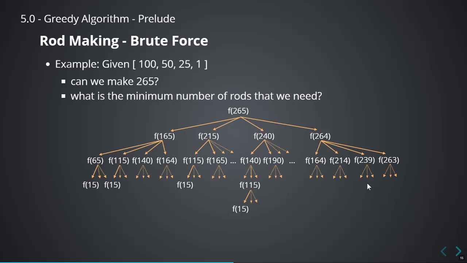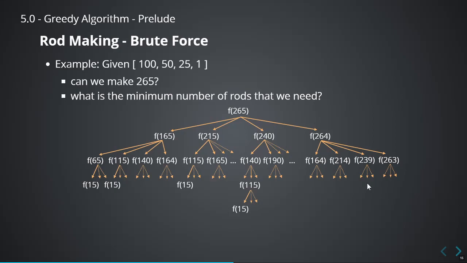I start with 265. At every point, I have 4 options. I can pick 100, 50, 25, or 1. If I pick 100, my subproblem is going to be reduced by 100. So my original problem is F(265). I pick 100, now I have to do F(165).